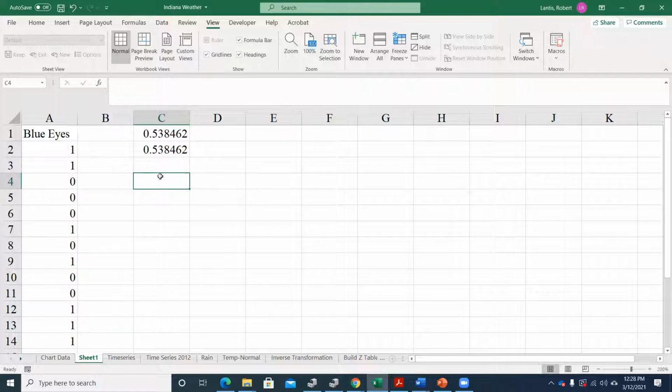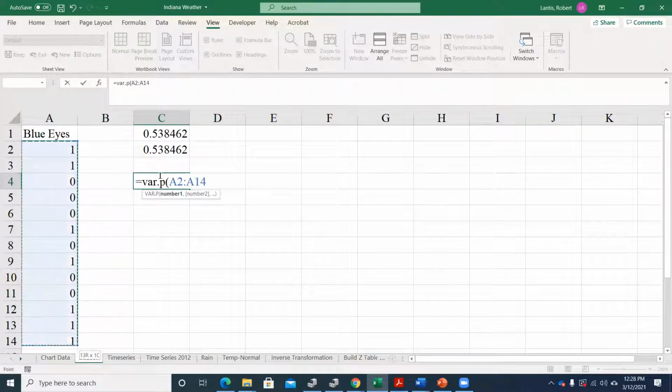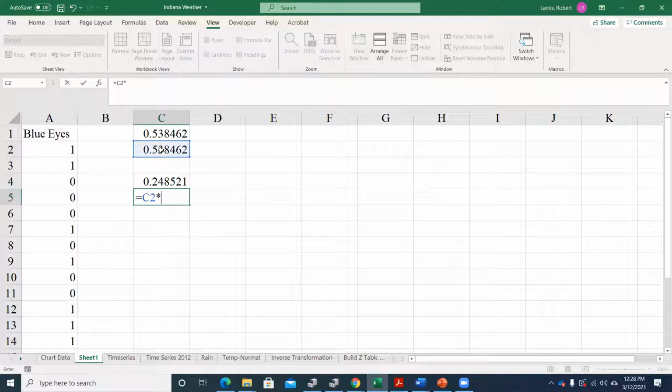What else did I want to show you here? You could also think about the standard deviation. Or actually, let's do the variance. If we wanted to find the variance here, hopefully that works, though it might not because my data set's too small.